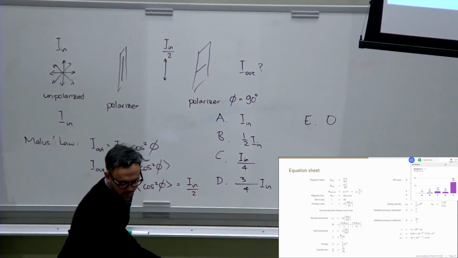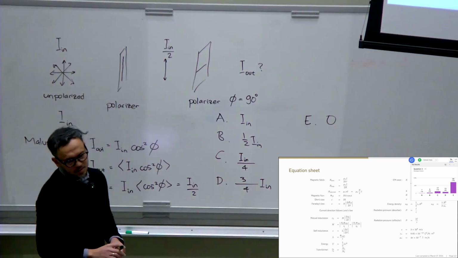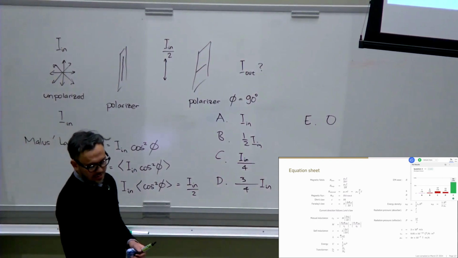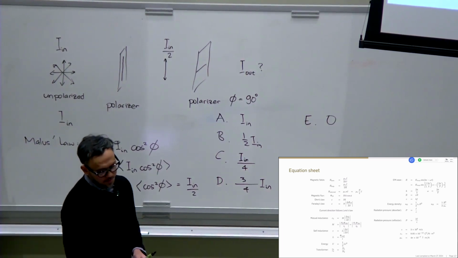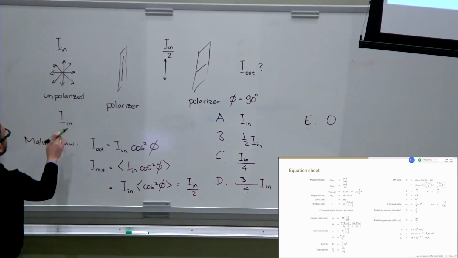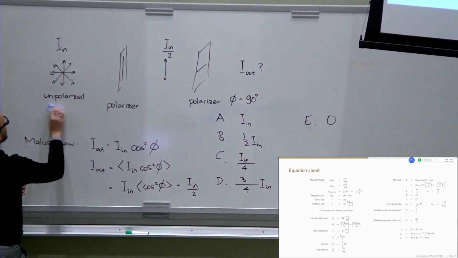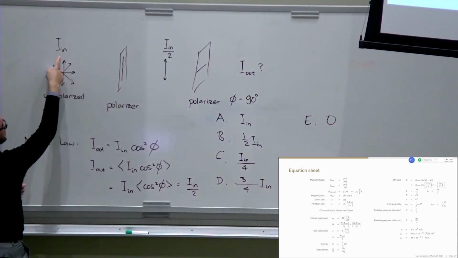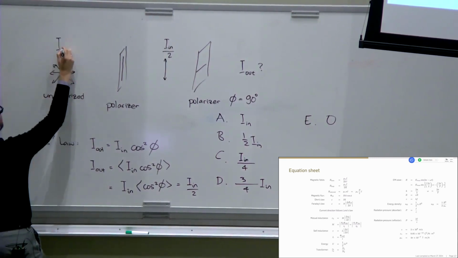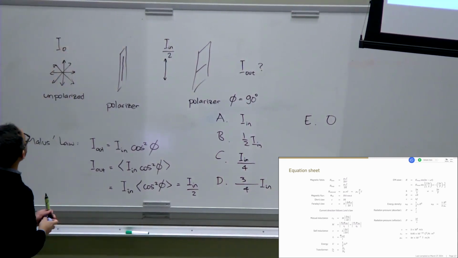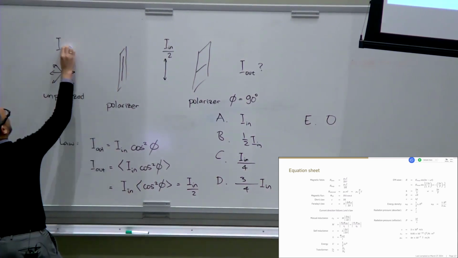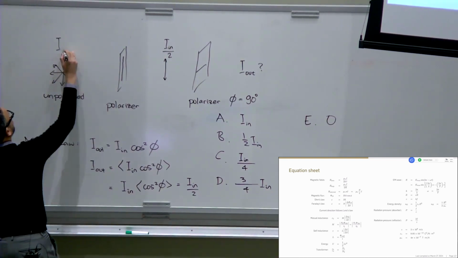So that's the results. The answer is E. So at this point, the intensity of light is I input, and in the exam, I may use I naught. I plan to use the same symbol as in your notes.